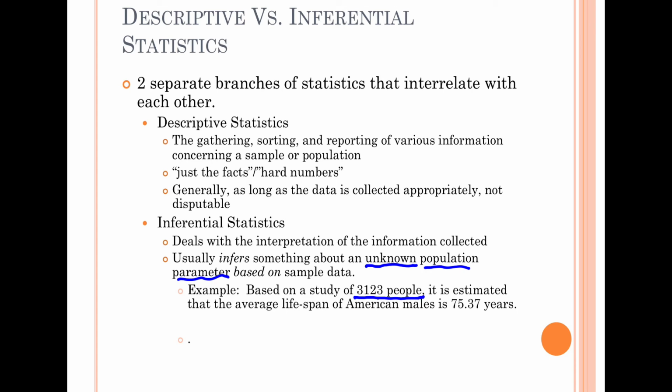And so we assume that the sample data we collected kind of pointed us in this direction, about the average lifespan of American males. Well, there's more than 3,123 American males. So we're taking this smaller group and we're concluding something about a larger population from that small group. That's inferential statistics. We're going to get to that near the end of the course.